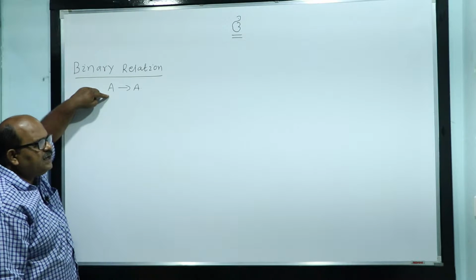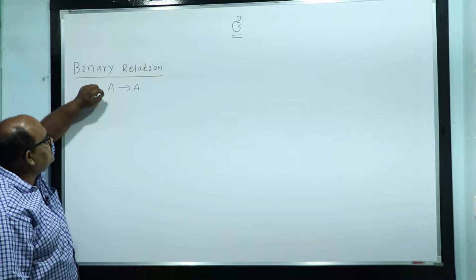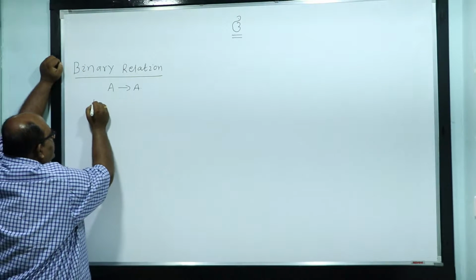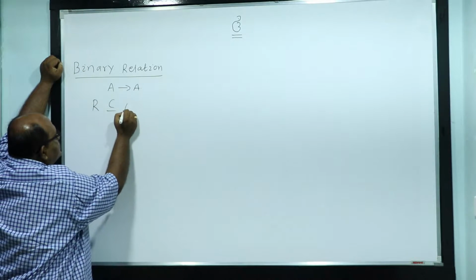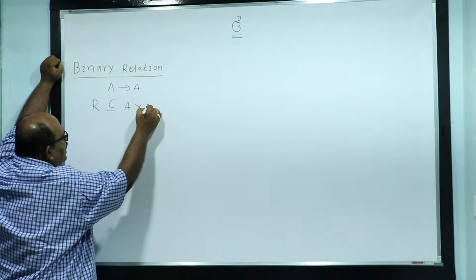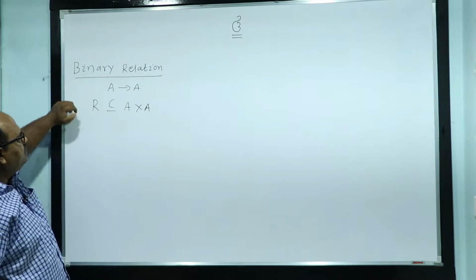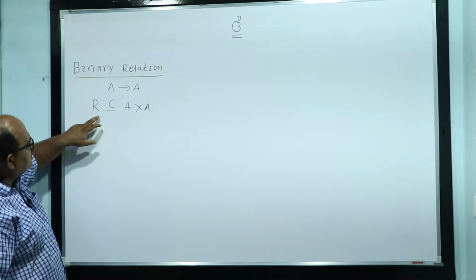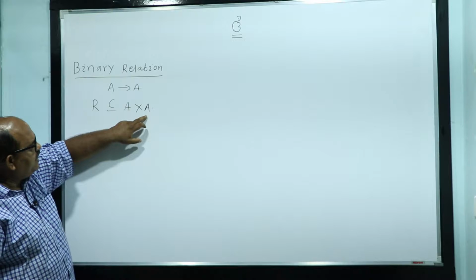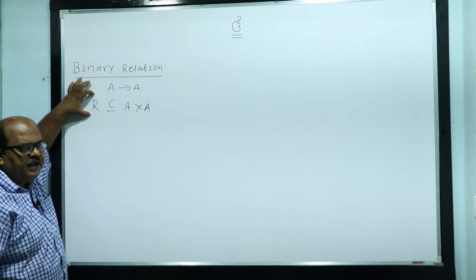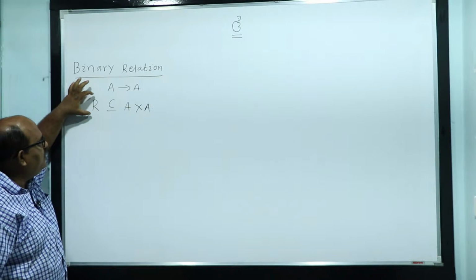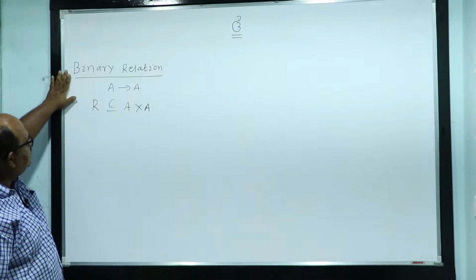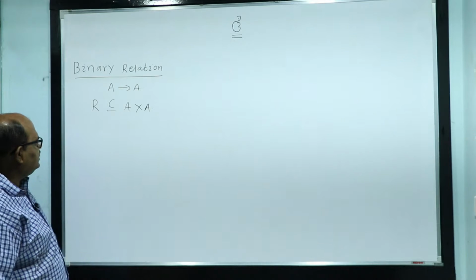So, any relation defined on a single set A is called binary relation, and here the relation will be a subset of A cross A. So, for any set A, if R is a subset of A cross A, then it is called a binary relation on set A. Now we will discuss types of binary relations.